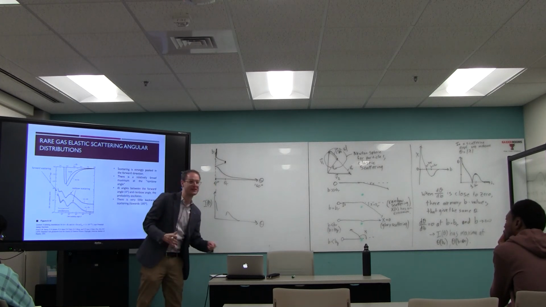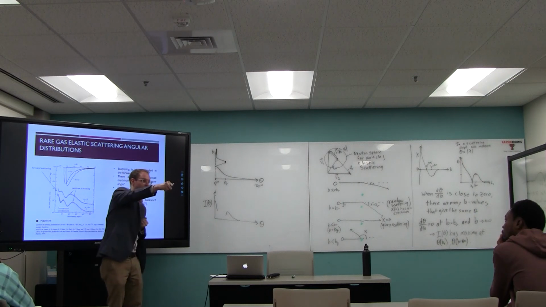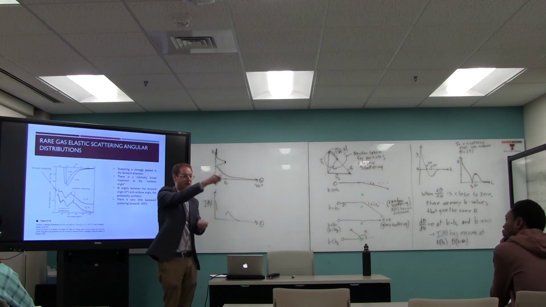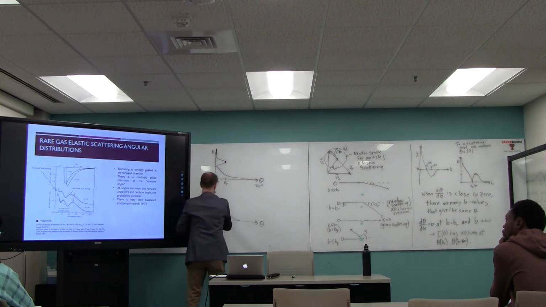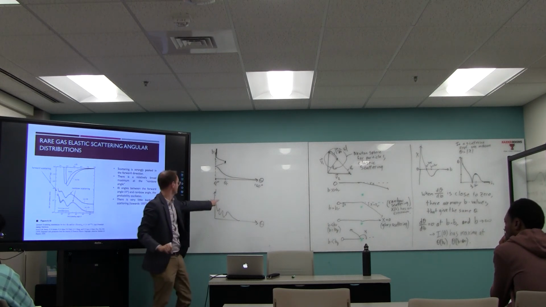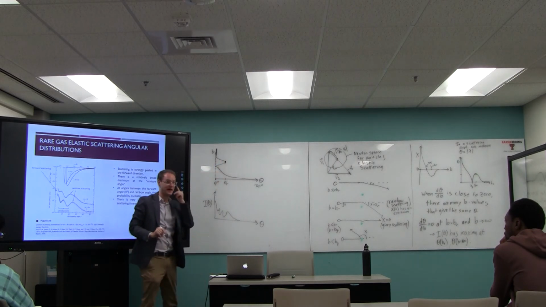It's kind of like the double slit experiment, where if there's two different slits that the molecule can go through and end up on the same spot on the screen, then you can have interference between these different channels, which leads to oscillations in the probability. So you have these quantum mechanical oscillations due to interference from multiple different B parameters that give rise to the same scattering angle.